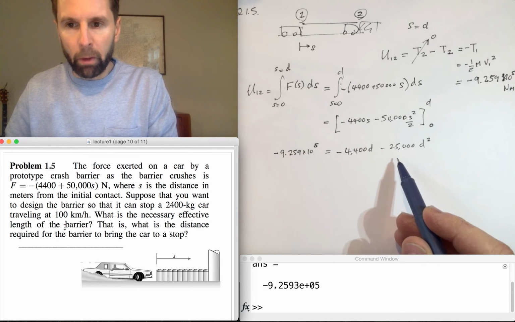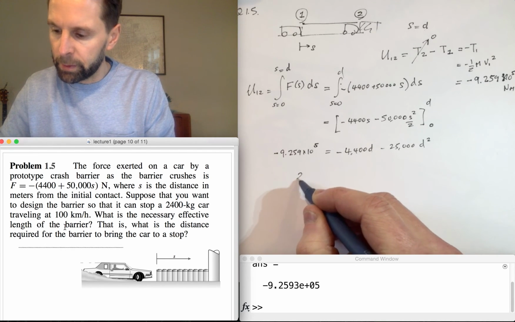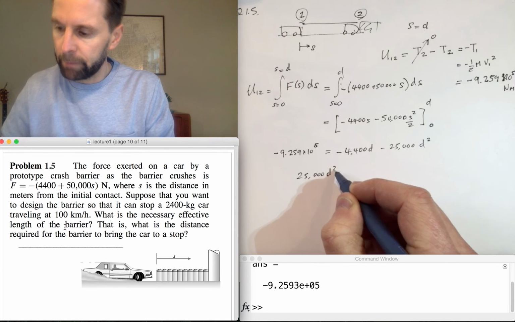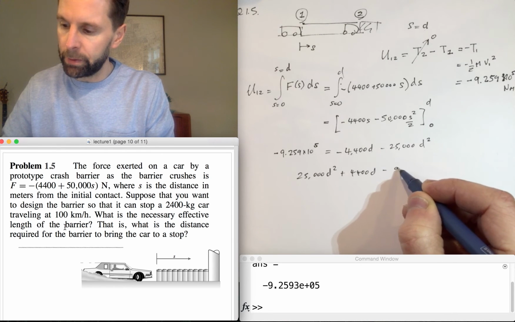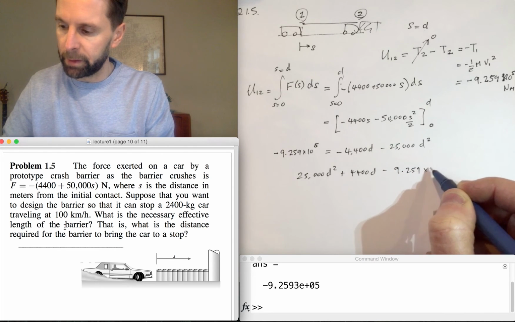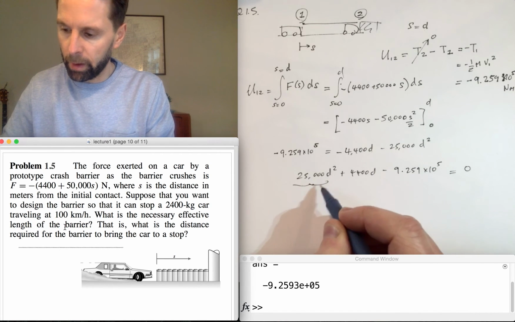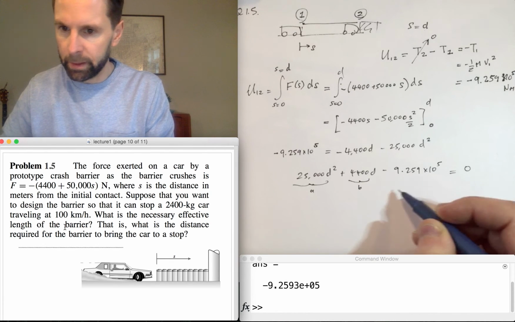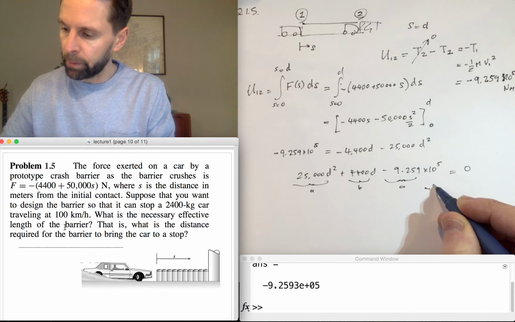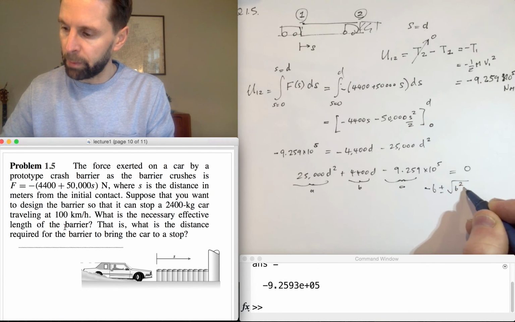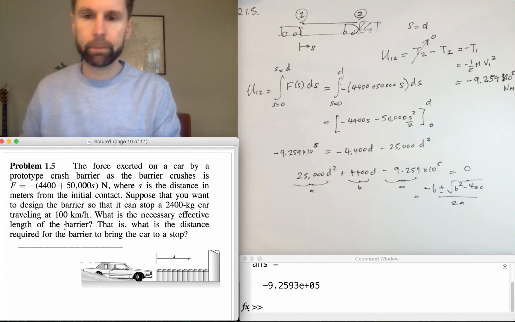And you might be able to spot that that is a quadratic expression in terms of D. So this is 25,000 D squared plus 4,400 D minus 9.259 times 10 to the 5. So we're going to solve a quadratic equation. That's A, that's B, and that's C. And you remember, is it minus B plus or minus the square root of B squared minus 4AC over 2A, to give you the roots.